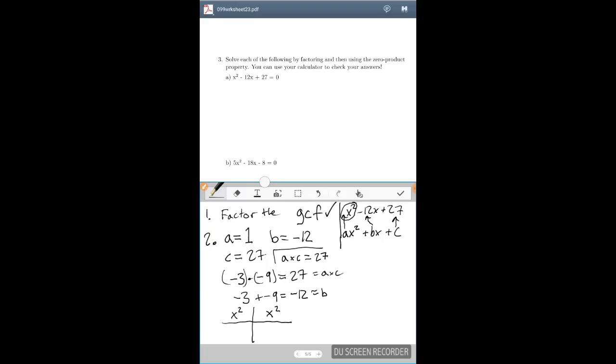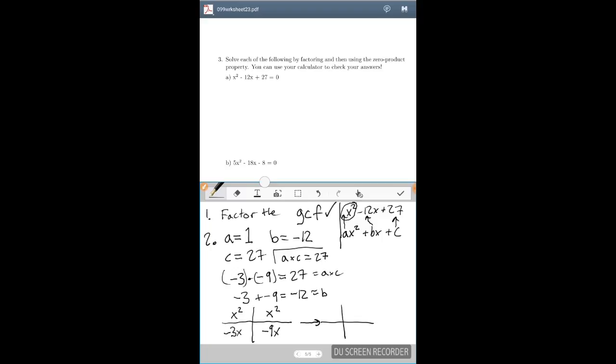All right. So we put that in, and then what we do is we take the two numbers we used and we put them in with an x attached. Negative 3x and negative 9x. Okay. So the next step then is to take each column, the vertical ones, and simplify. So we're going to simplify this down.